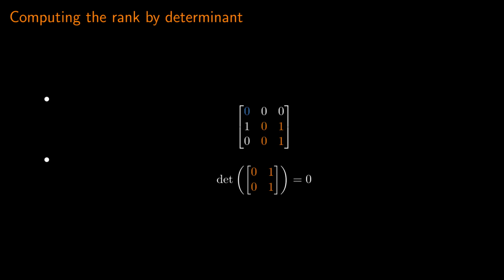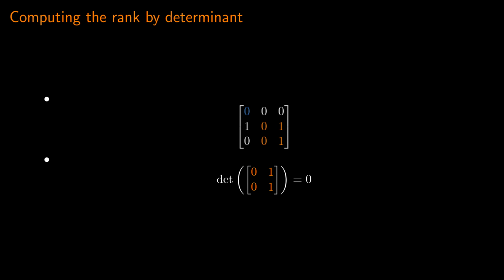Recall from the previous videos how we can extract the submatrix for a given element in the matrix. Obviously, in this case, the largest submatrix will be 2 by 2, so we know that since the determinant of the original 3 by 3 matrix is equal to 0, the rank cannot be greater than 2. So, considering the first element, shown here in blue, we extract the elements of the corresponding submatrix as shown in orange.